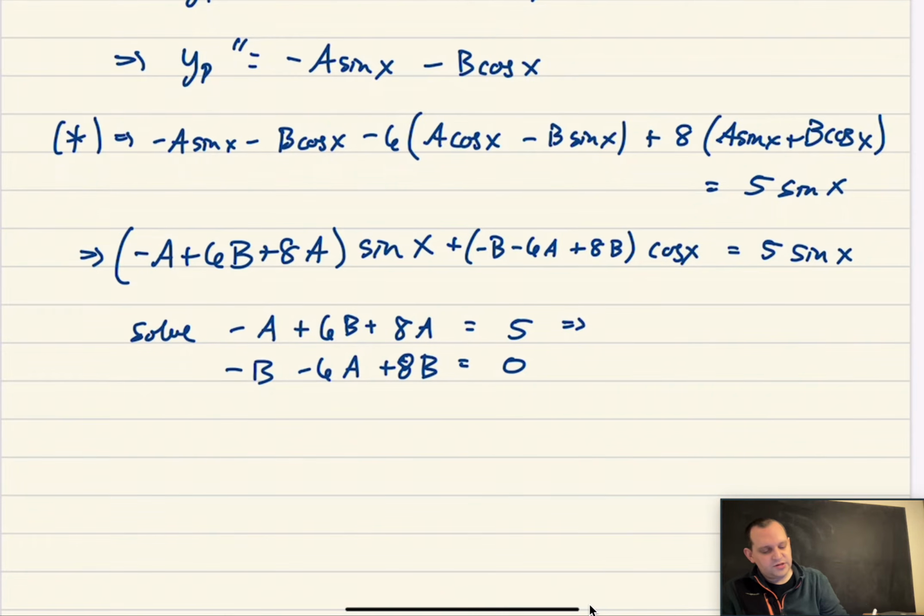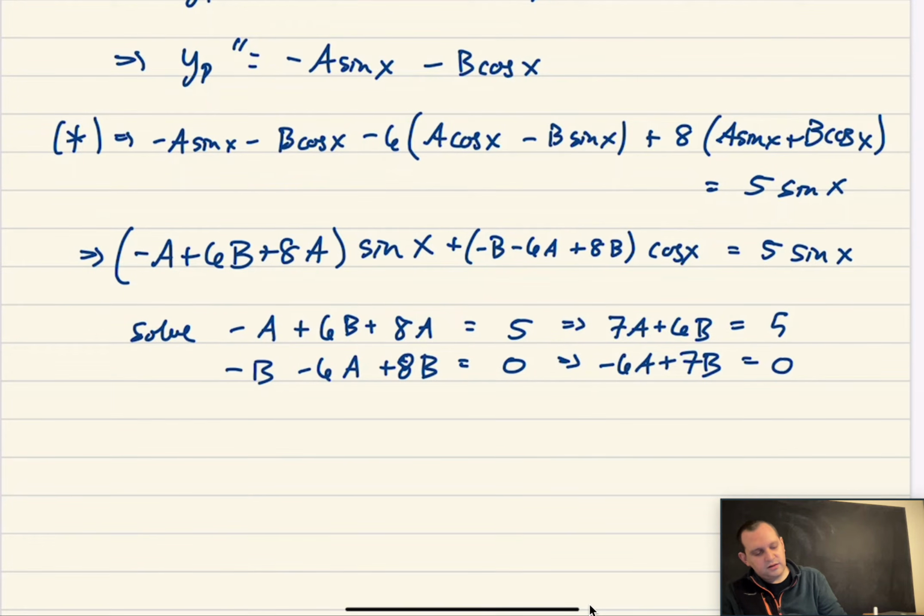Of course, we can simplify, and let's start there. The top equation is going to end up being 7a plus 6b equals 5. The bottom equation is going to end up being negative 6a plus 7b equals 0. Now do whatever method you want: elimination by addition, a matrix, or substitution. Anything is fine.